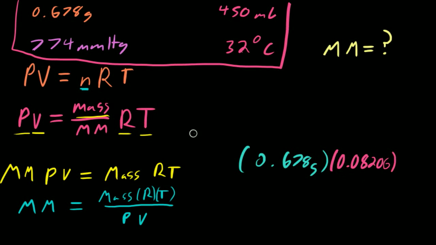So we're going to use this constant R, 0.08206, and then multiply that times the temperature. And remember, we were given the temperature in centigrade, right? And what do we have to do to get this into Kelvin? Well, we have to take 32 and add 273.